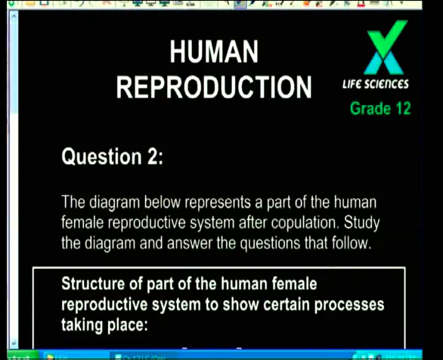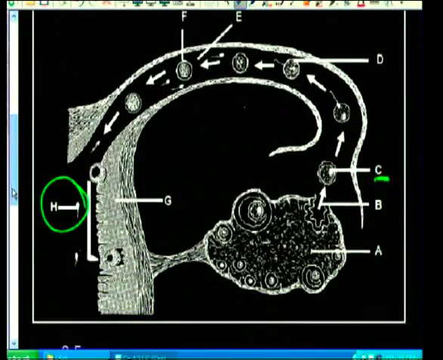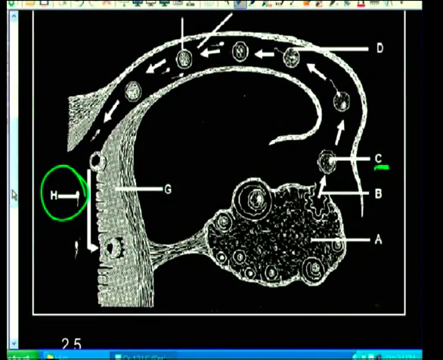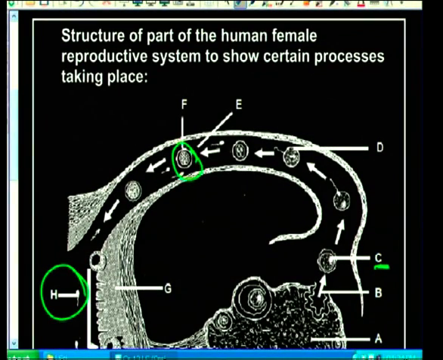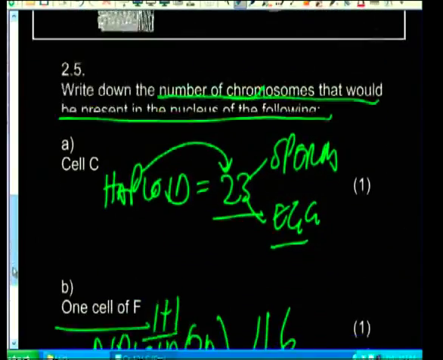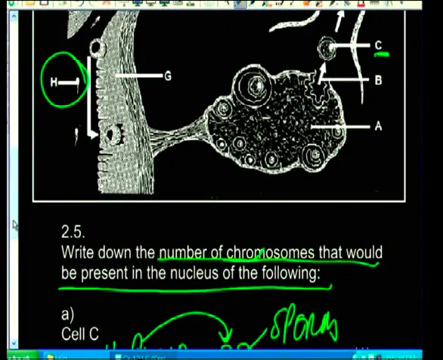We move on. By the way, just before we move away from that, they could also ask you what type of cell division takes place at F. Now F is the embryo. Fertilization has already taken place there. For F to become bigger until it is implanted here, mitosis must take place. Meiosis won't take place anywhere in this diagram.